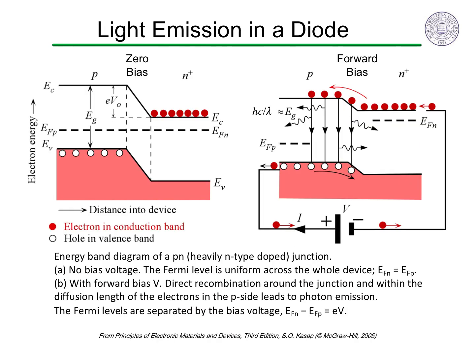LEDs work by driving electrons and holes to recombine across the band gap, which happens in a PN junction diode under forward bias. The N-type material has many electrons, while the P-type material has many holes. They can meet at the junction, recombine, and produce light. Recall that the band diagram of a PN junction has a uniform Fermi level when the electrons are in equilibrium, or no bias voltage.